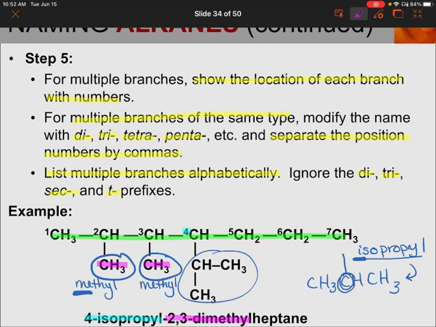And notice that we're putting dashes or hyphens in between. All right, and then last, we're just going to put the longest carbon chain. And we had 7 carbons, so that would be heptane. So the full name is 4-isopropyl-2,3-dimethyl heptane. Whew, that's a lot.